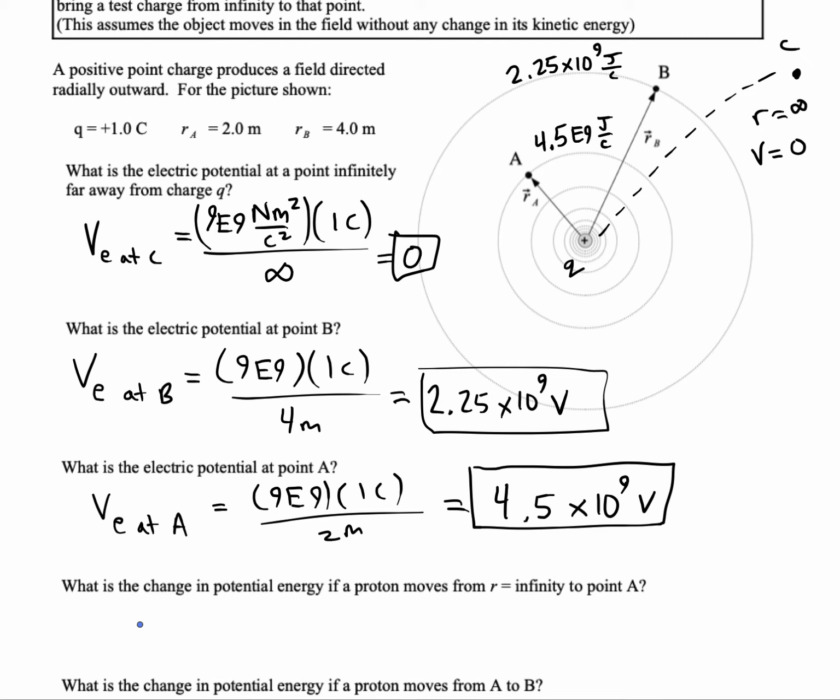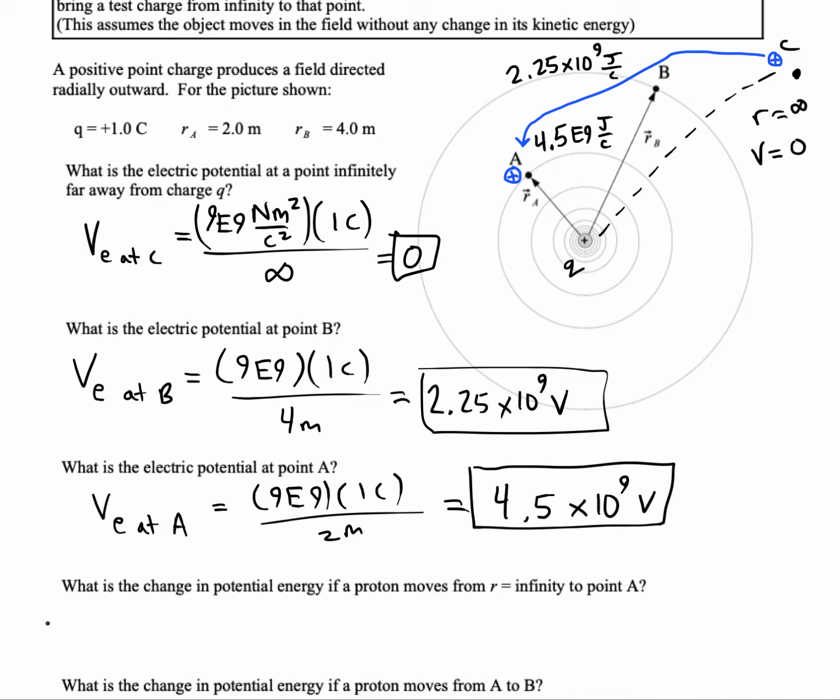All right, so this problem says, what is the change in potential energy if a proton moves from infinity to point A? Okay, so we're talking about taking a proton here at C and then just moving it to point A. The path that it takes actually doesn't matter. This type of thing is path independent.